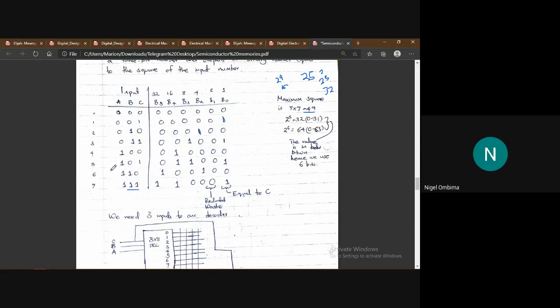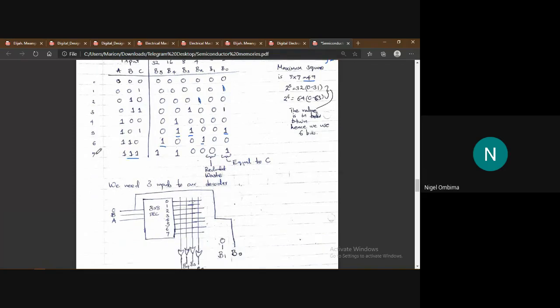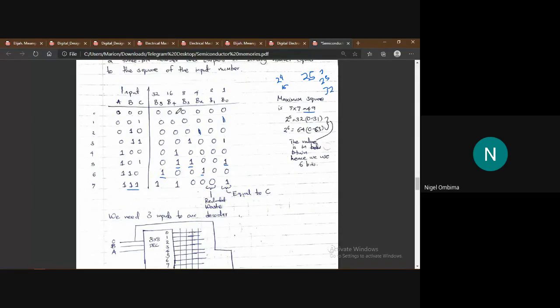The rest becomes 0. 5 is 25, so 16 plus 8 gives us 24, plus 1 gives us 25. The rest are zeros. 6 gives us 36, so we have 32 and 4, which gives us 36. The rest become zeros. 7 is 49. We don't have 49, so 32 plus 16 plus 1.